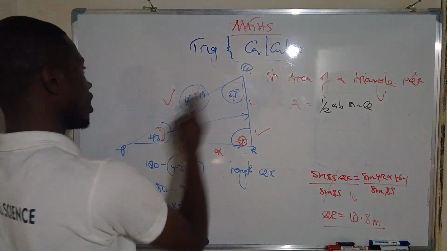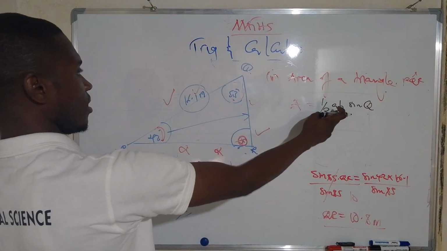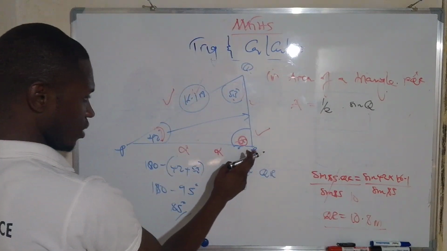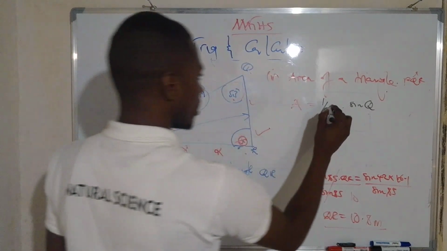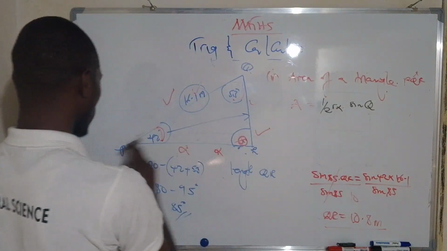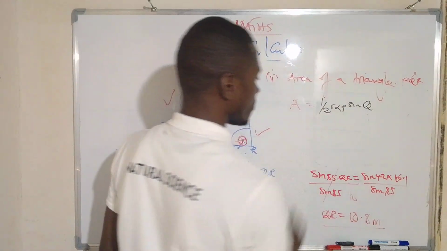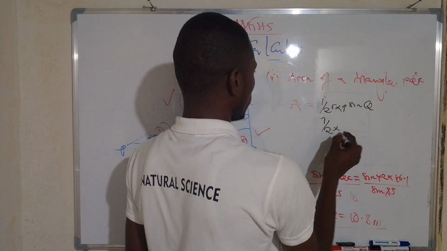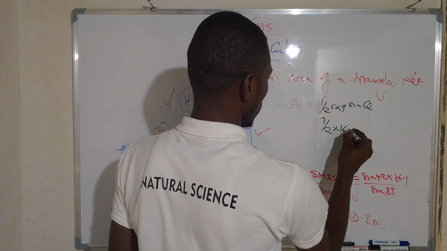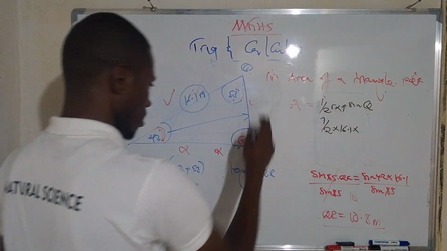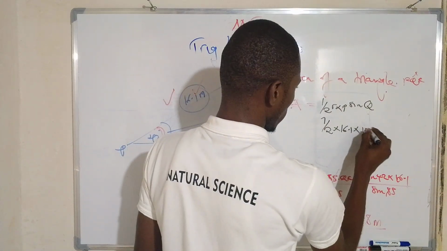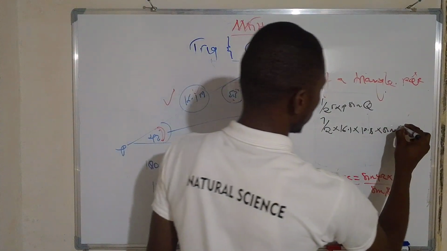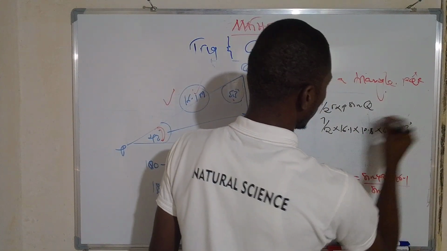AB, these are just letters I've picked to represent two sides. If I want, I can say PQ by QR. So 1 over 2, you multiply by 16.1, then the answer we found there was 10.8. Then multiply by sine, then this angle, which is 53 degrees.